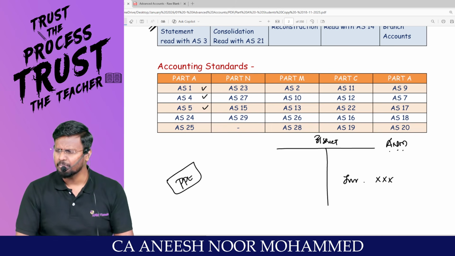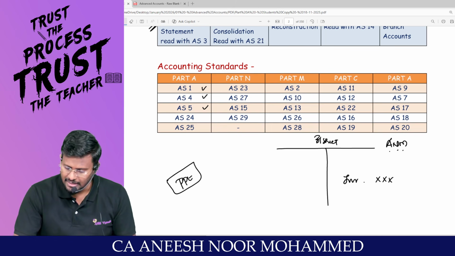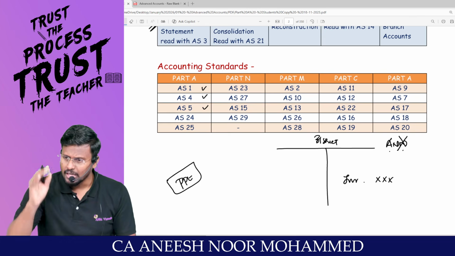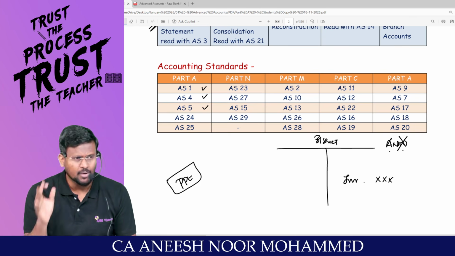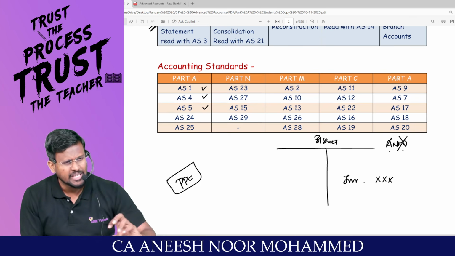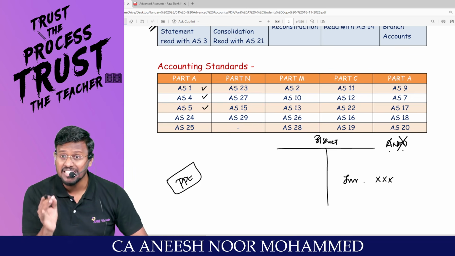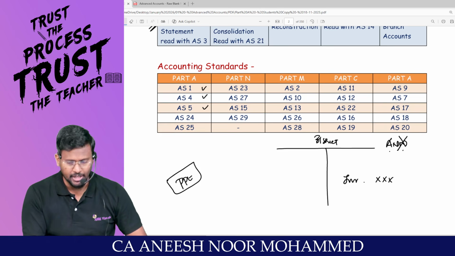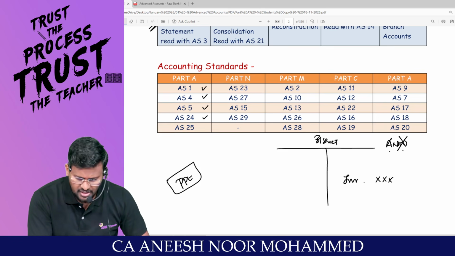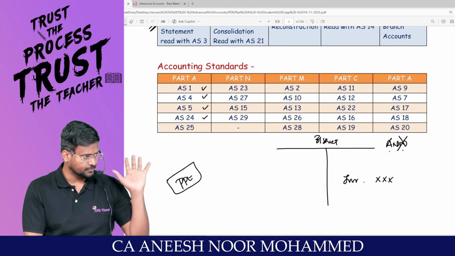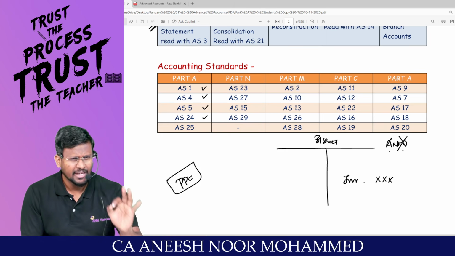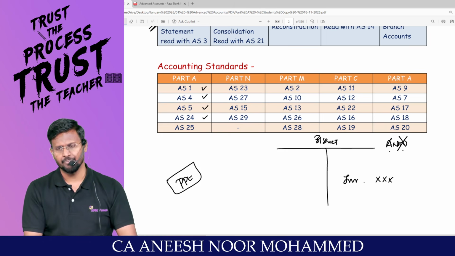Sometimes ANM Limited may think that I don't want to continue the service sector, I just want to discontinue it. How should that discontinuance of operation be presented in the financial statement? That's AS24. AS24 is discontinuing operations.